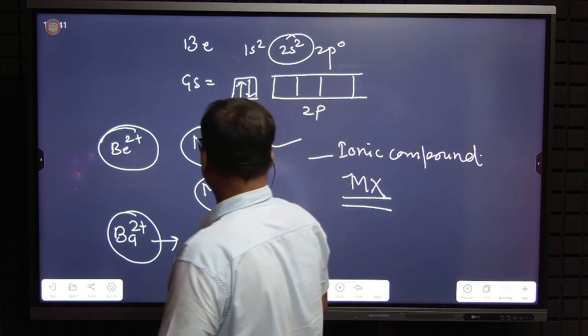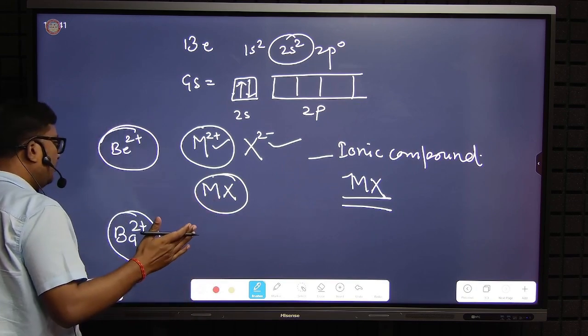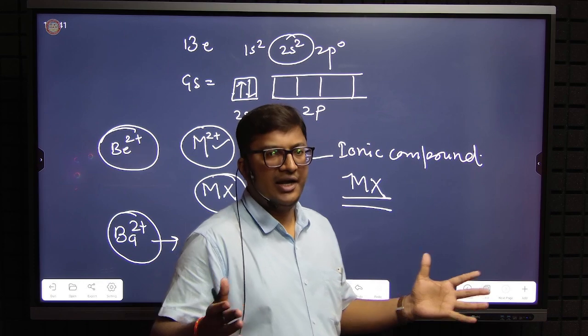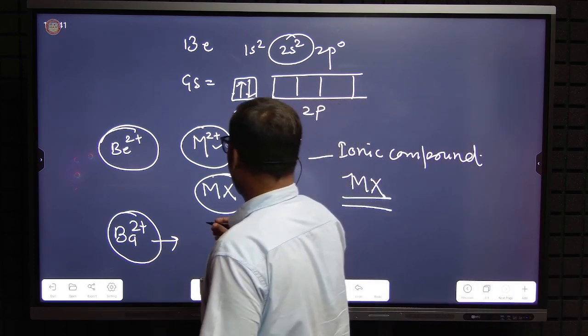If the stability of the cations and anions is very high, they are ionic.